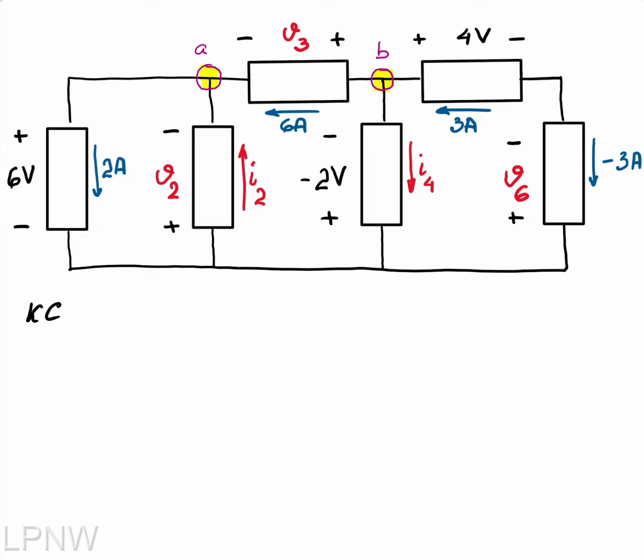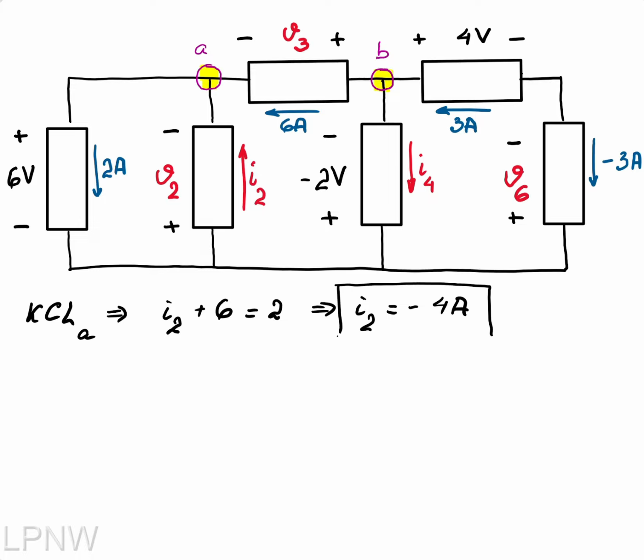Kirchhoff current law for node A is telling me that the sum of all the currents entering the node, which are I2 and the 6 amp current, equals the sum of all the currents which are leaving the node, which in this case is the 2 amps. From here, we can calculate the value of I2, which is negative 4 amps.